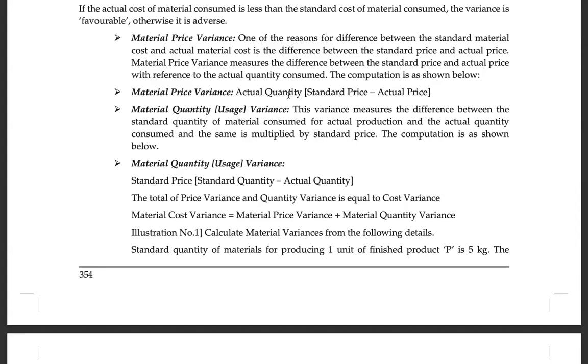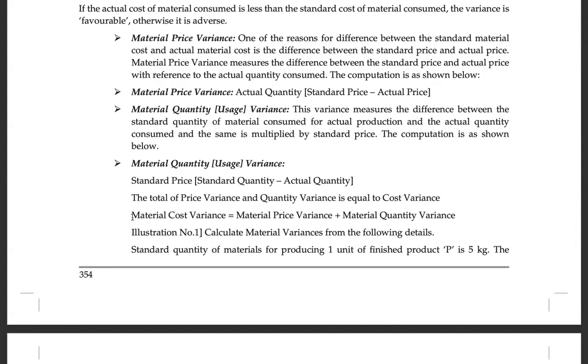But when you look at what it is multiplied with, it was actual quantity in case of material price variance, and it is standard price in case of material quantity variance. So the price variance and quantity variance put together give you the material cost variance.